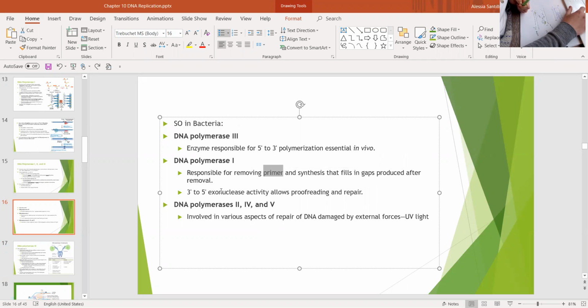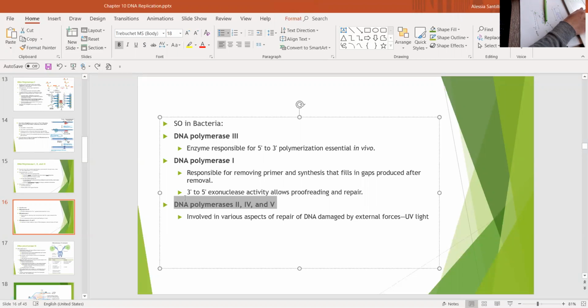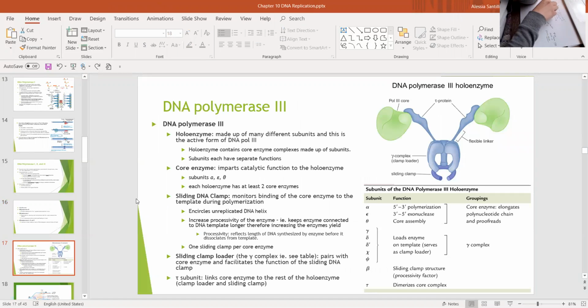And it also has 3' to 5' exonuclease activity, so does DNA polymerase 3. And 2, 4, and 5, they're involved in various aspects of repair of DNA damaged by external forces, so things like UV light or other kinds of mutagens. These kinds of DNA polymerases go back in and fix the actual mistakes. So DNA polymerase 3, this is one of your main ones, and it's actually known as a holoenzyme.